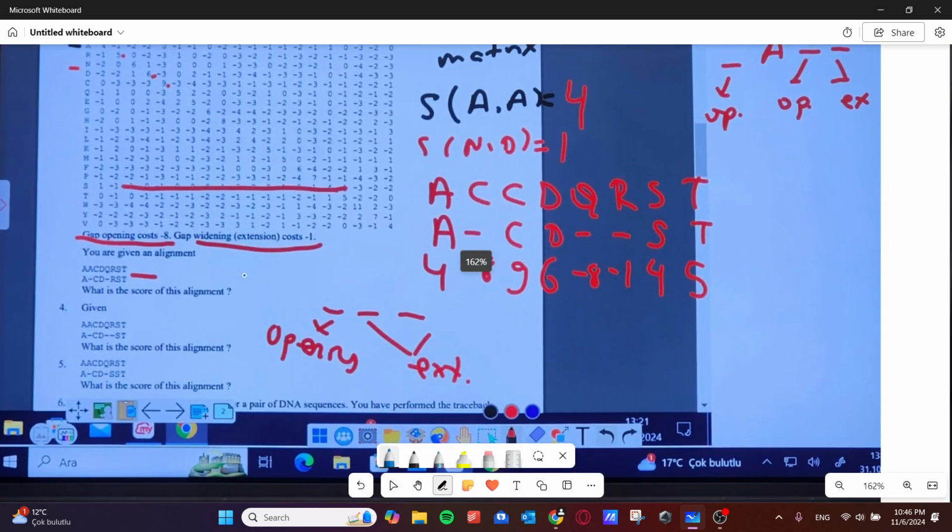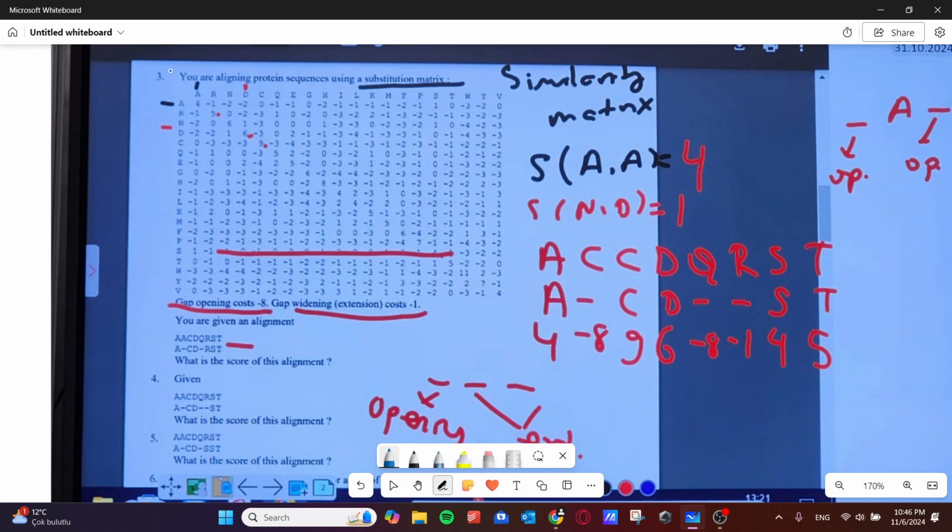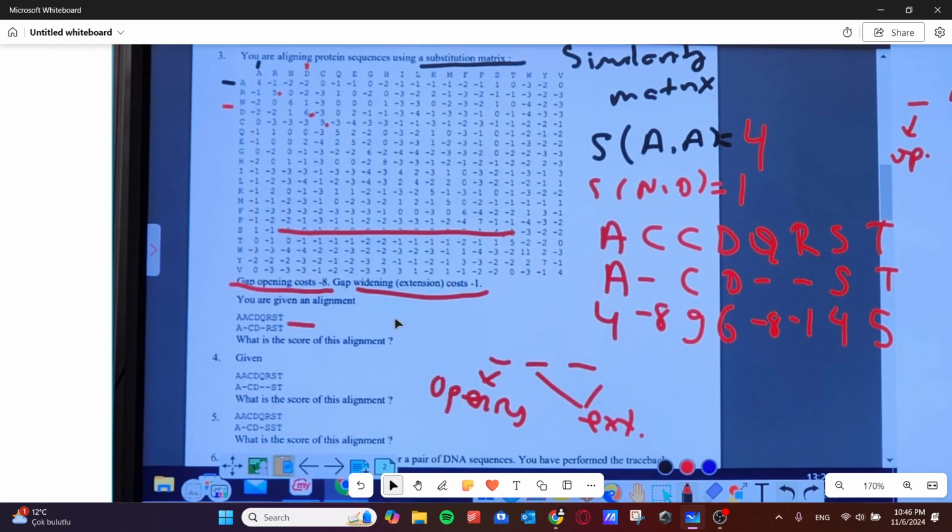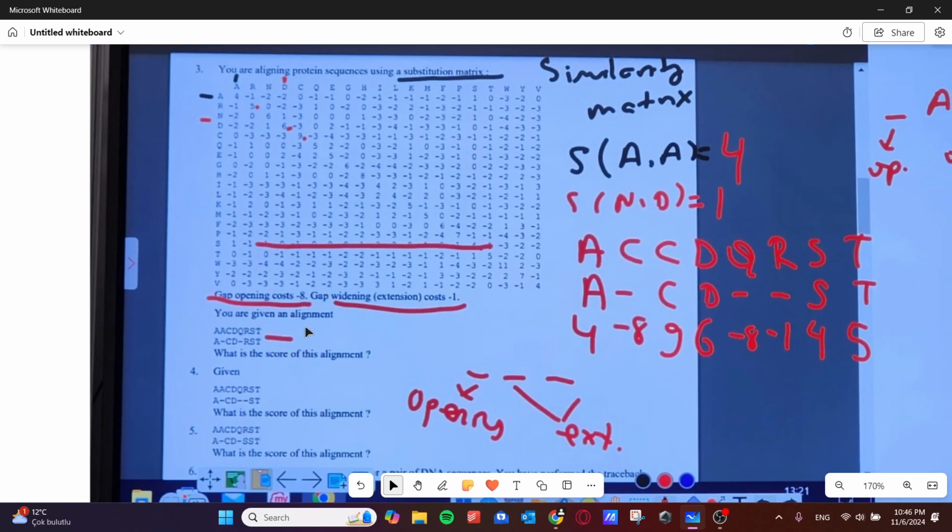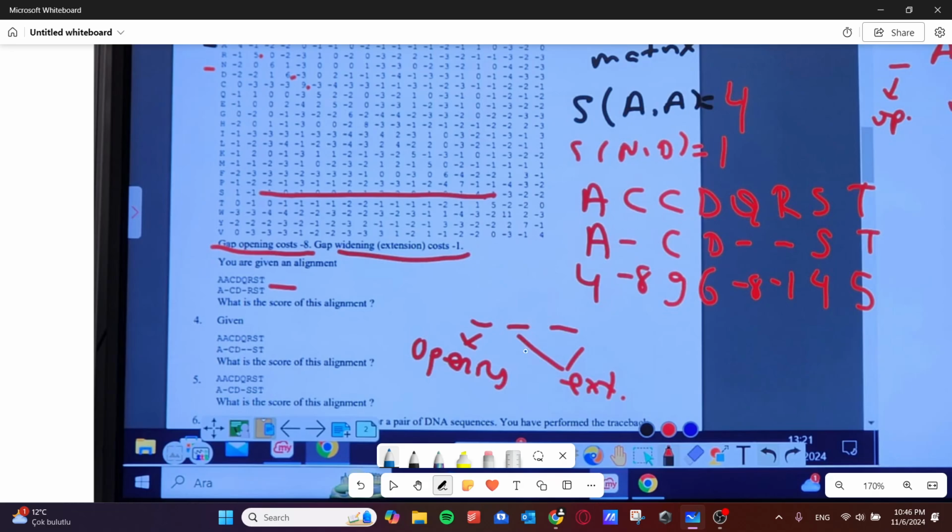So here, in this question, he might give us a table, okay? In our case, this one, and ask us for the alignment score. So he will give us here, as you can see, the opening, as you can remember.